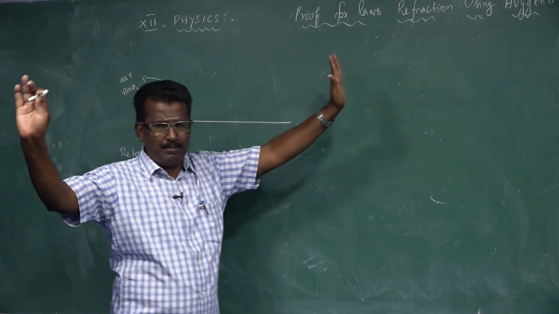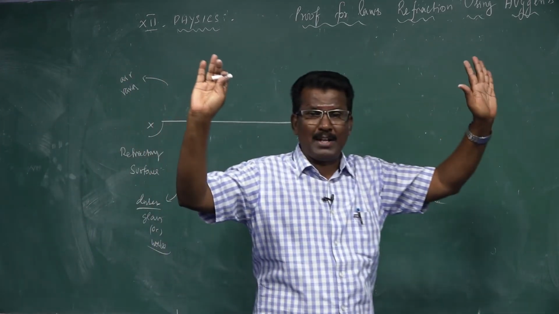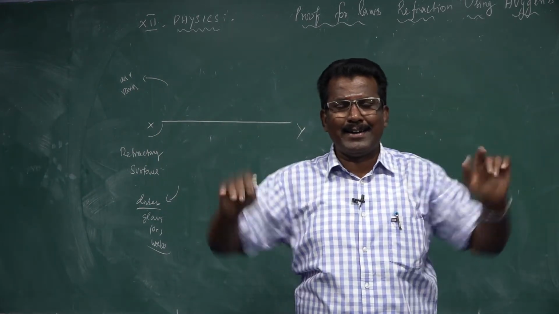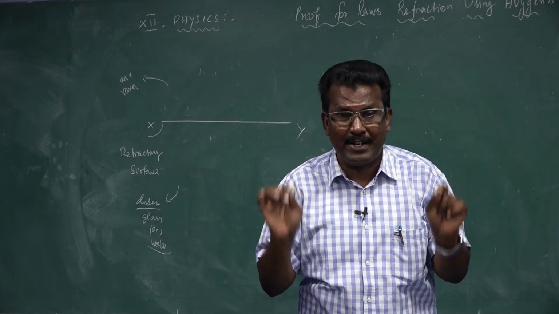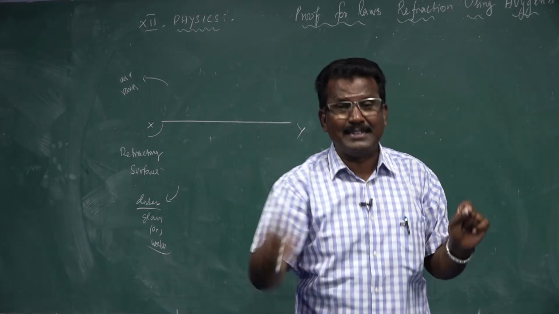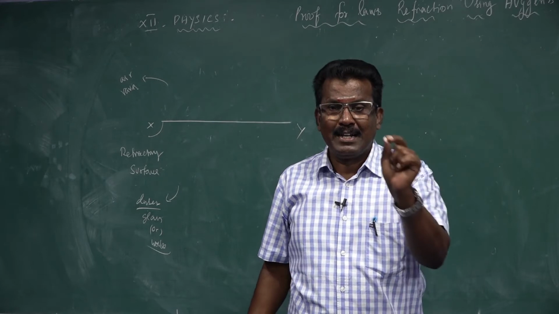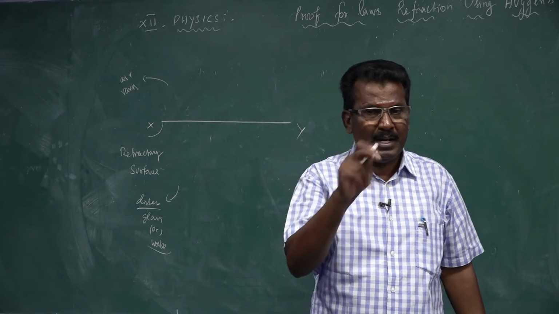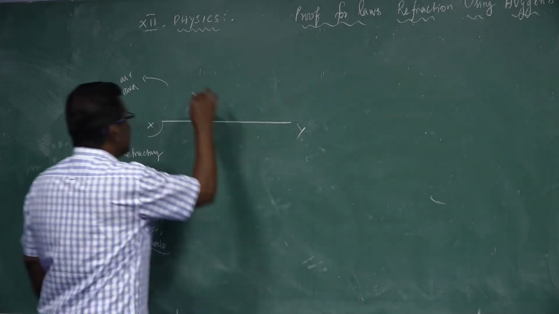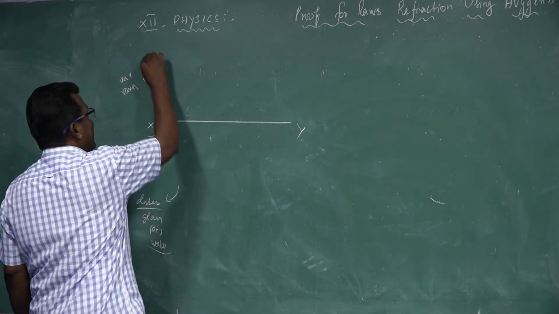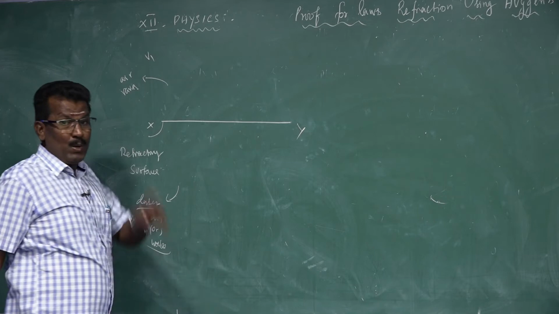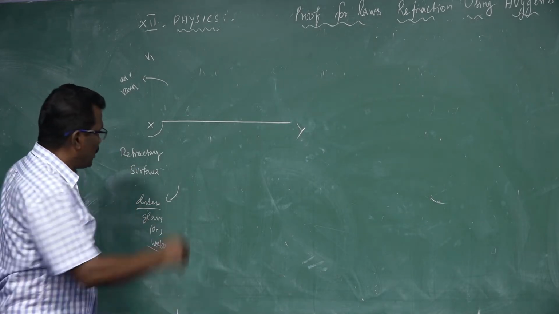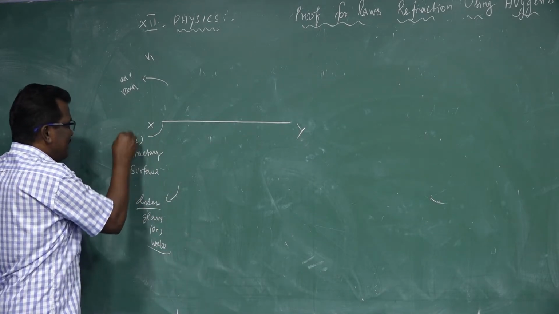Always the maximum speed of light is only in the rarer medium. If light enters any medium, the speed is not equal to 3 × 10^8 meter per second, it is lesser than 3 × 10^8 meter per second, depending upon the refractive index. Let us consider the speed of light in rarer medium is V1. 1 represents the rarer medium, 2 represents the denser medium.